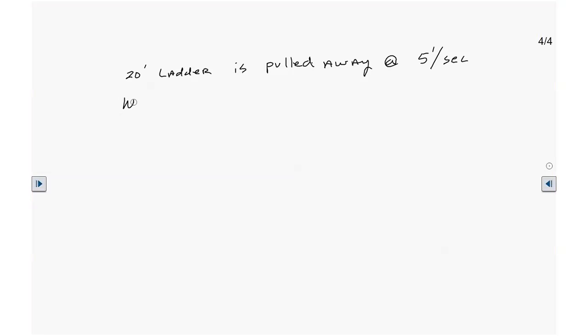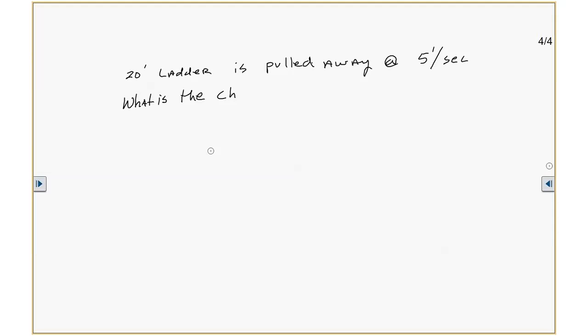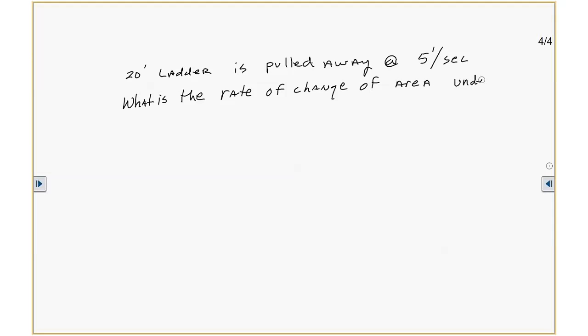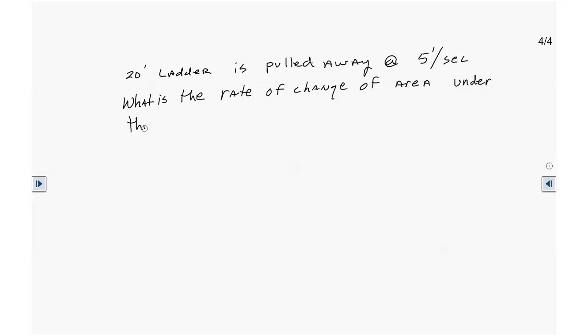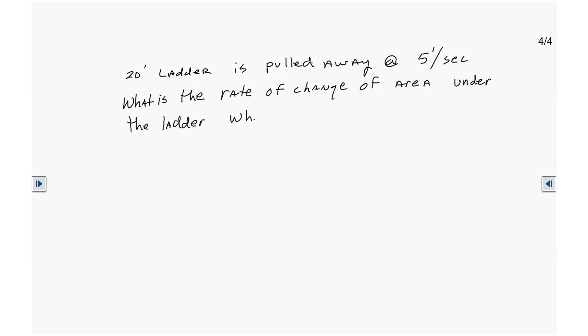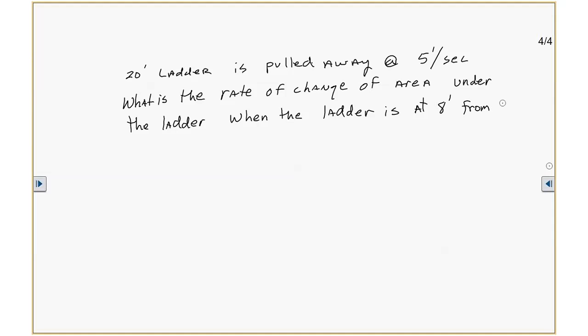What is the rate of change of area under the ladder when the ladder is 8 feet from the wall?